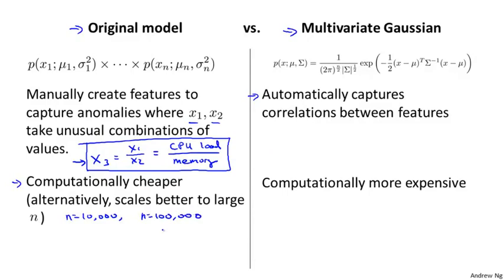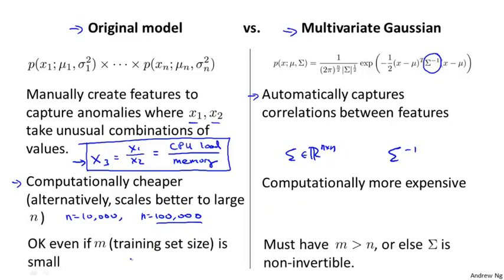Whereas in contrast, for the multivariate Gaussian model, notice that we need to compute the inverse of the matrix sigma, where sigma is an n by n matrix. And so computing the inverse, if sigma is a 100,000 by 100,000 matrix, is going to be very computationally expensive. And so the multivariate Gaussian model scales less well to large values of n.